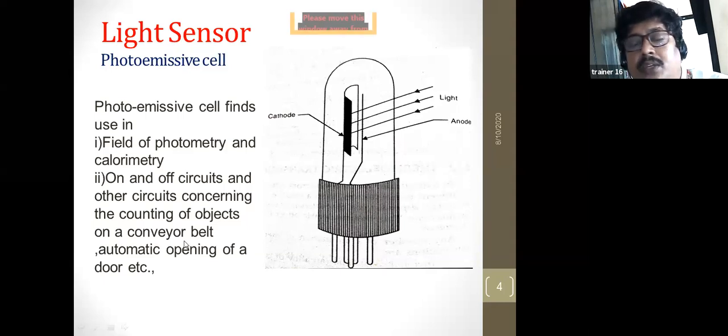These are used in counting or finding objects on a conveyor belt and in automatic door opening. There are many examples. Even in our ATM, when you place the ATM card, a bulb blinks automatically. That is nothing but a photodiode, and it absorbs the light.